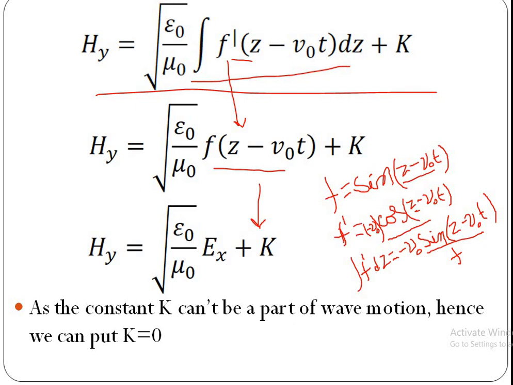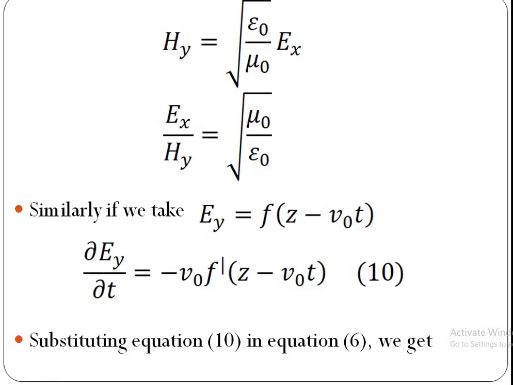So constant k cannot be a part of a wave motion, and this constant k is equal to 0. Now this equation becomes this one. This equation can be written as Ex by Hy is equal to square root of mu naught by epsilon naught. Take it as equation 11.